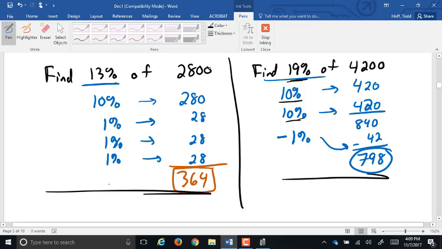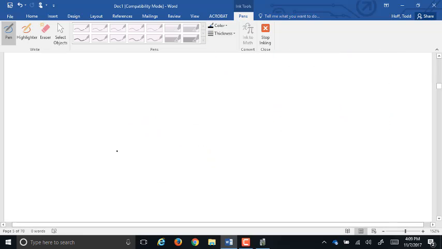Okay, so now let's actually get to the actual calculations. So outside of the benchmarks, there are a couple of methods that are used for calculating with percents. And I'm going to start out by presenting the one that I've found through the years that tends to make the fewest mistakes if students use it, and that is the proportion method.